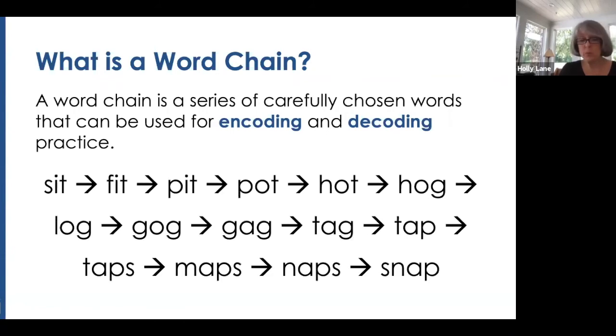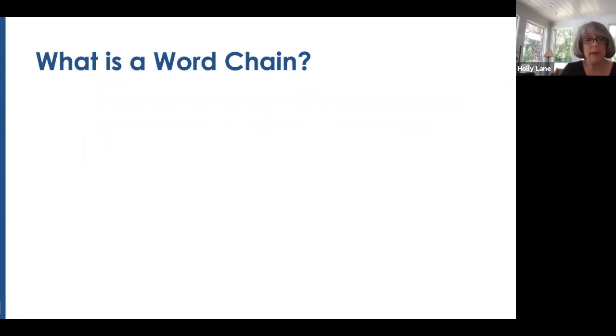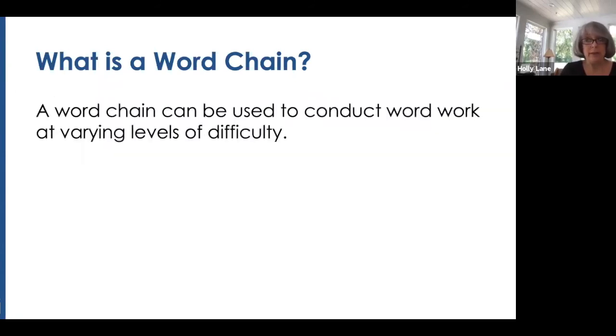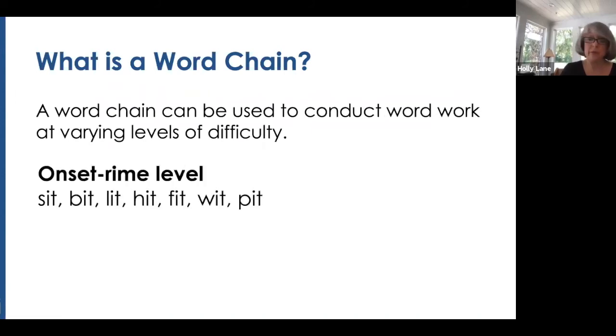So you can have a short word chain or a long word chain, but we're just changing a little bit of the word at a time to make a new word. So as Valentina mentioned, you can use different levels of difficulty. So the onset rhyme level is the most basic, and having a simple onset is the simplest version of that. So sit, bit, lit, hit, fit, wit, pit, those are all very simple changes.